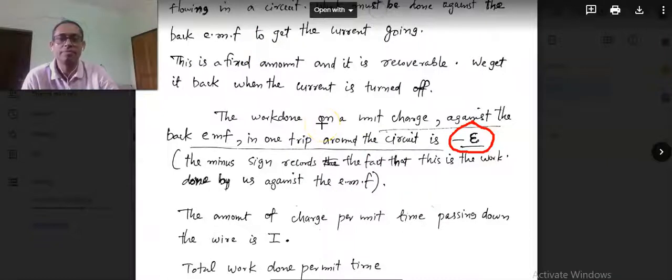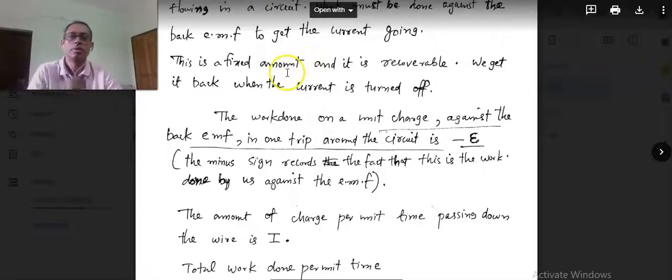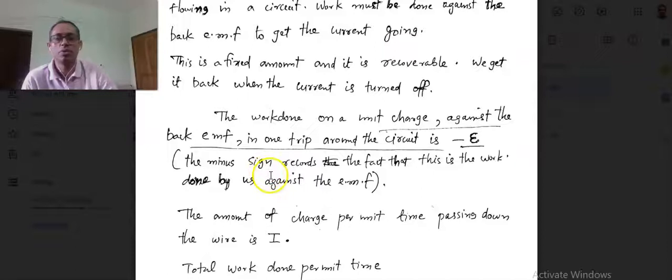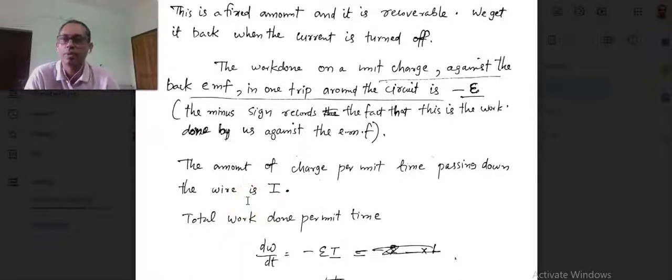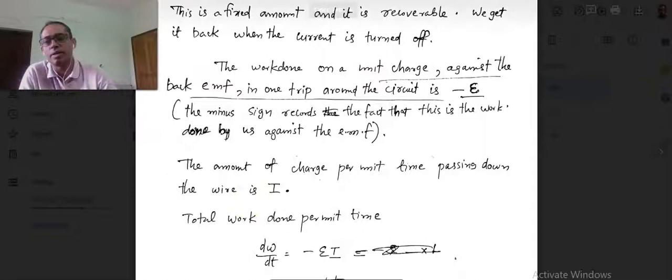Now the current, the amount of charge per unit time passing down a wire, that is I. Because I is the current.